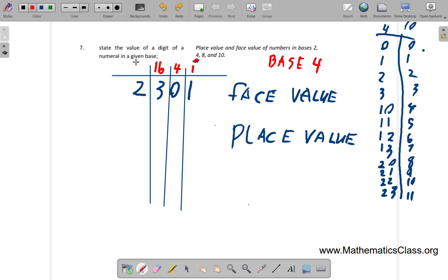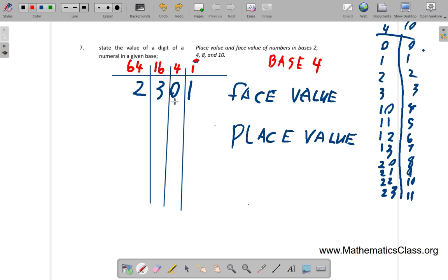Then this would be 4 to the power of 3, which is the same as 16 times 4. 4 times 6 is 24, 4 times 1 is 4, plus 2 is 6, so 64.